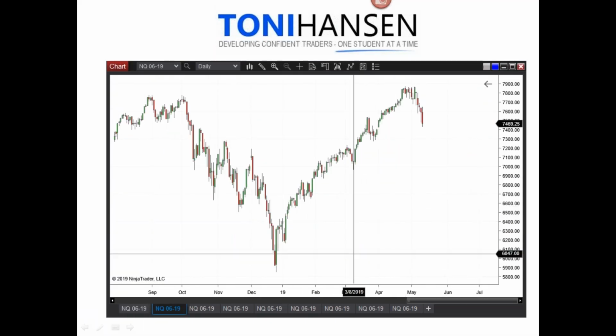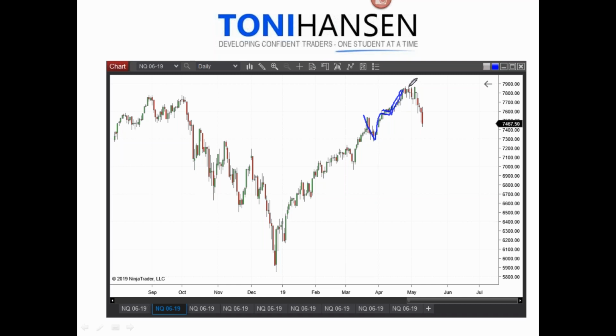So what we had happening on the indices is a little bit of a 2T-ish type of action, a little bit of a steep one, where it did the two-wave move like that. So here was our pause, here's our continuation, and this has rolled over with a shallow avalanche.